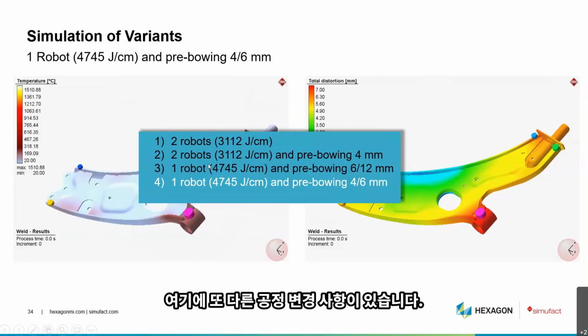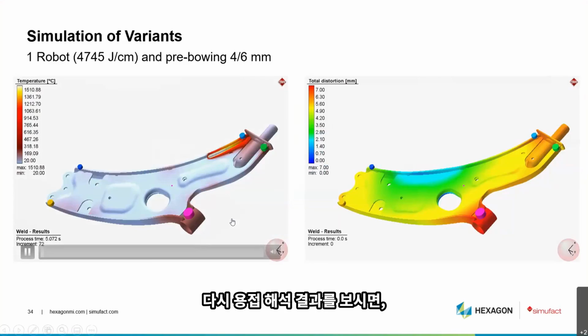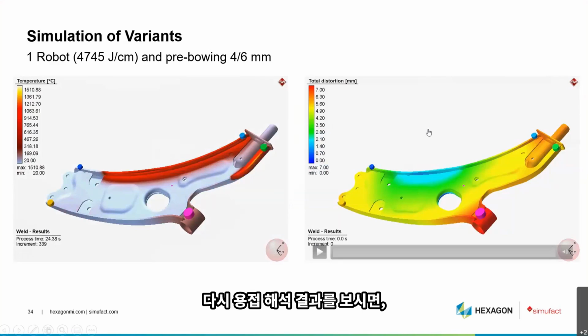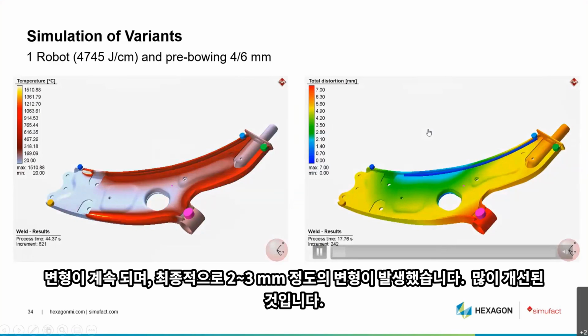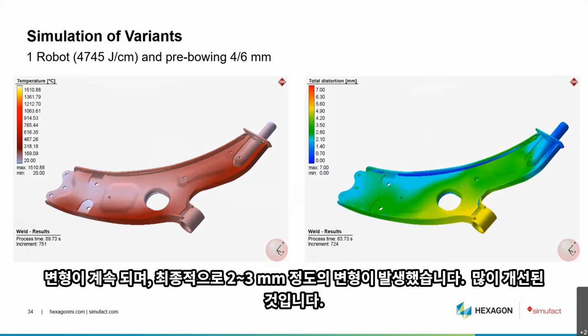So there's one further example I show here. This is still with one robot. So the welding process remains unchanged in comparison to the variant before, but the pre-bowing is again varied. So again, the welding process and the development of distortion with the process.